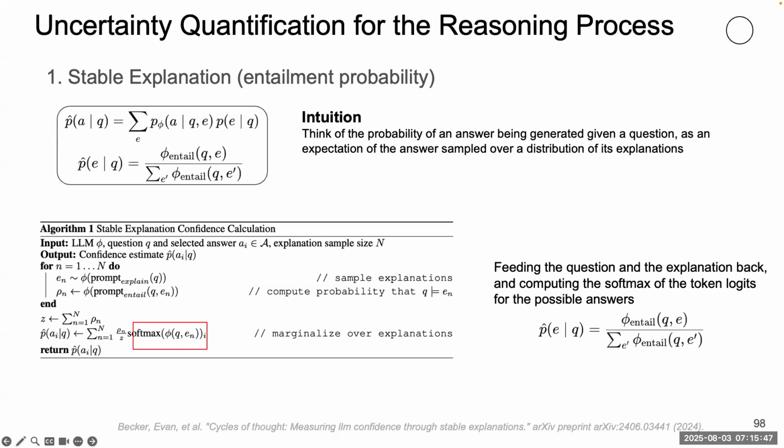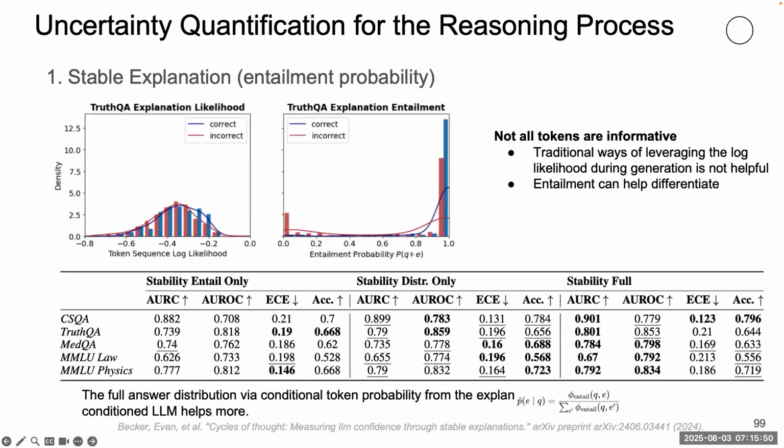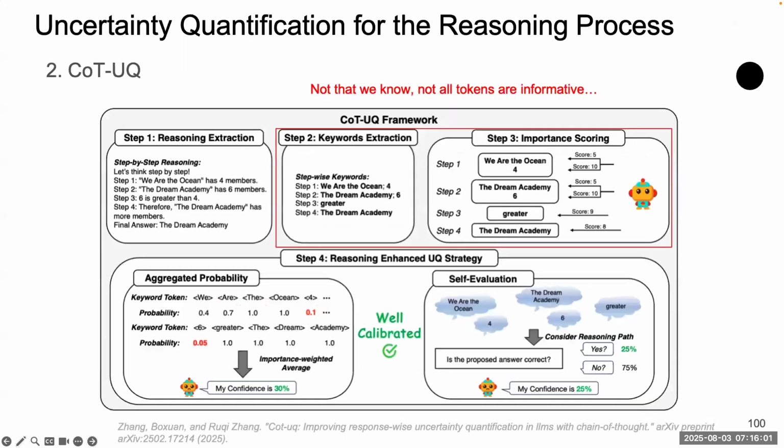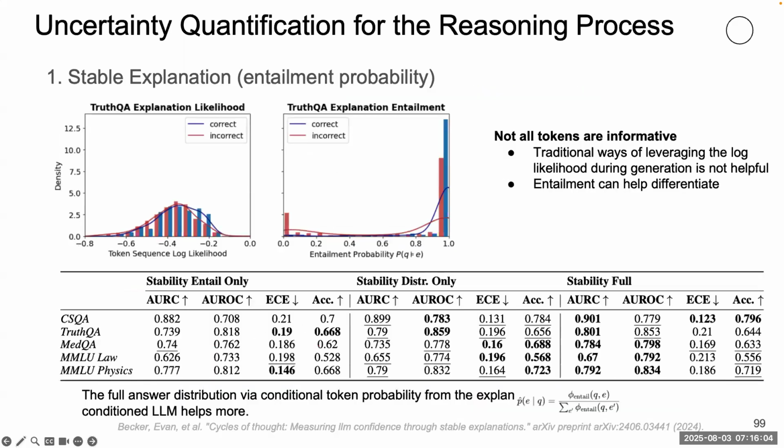And then I think this is their result here. Like I said, their findings show that not all the tokens are very informative. On the left-hand side, if you visualize all the token probabilities, based on their correctness or incorrectness, you will see their density distributions are not that differentiable.